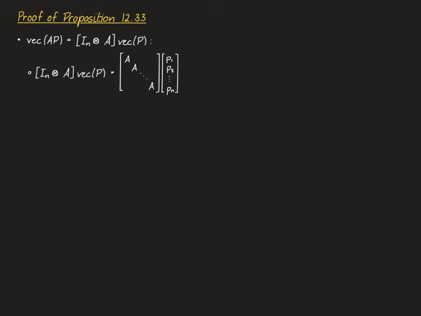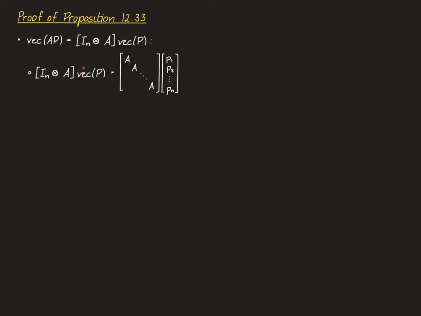For the proof of proposition 12.33, both statements are proved independently. For the first statement, we have to show that the vectorization of AP is equal to the Kronecker product of In with A times the vectorization of P. Now, the Kronecker product of In with A clearly represents a large matrix which carries the matrix A n times on its diagonal.